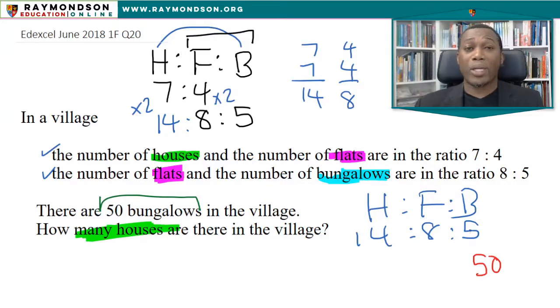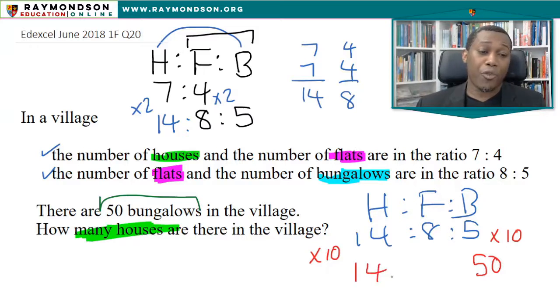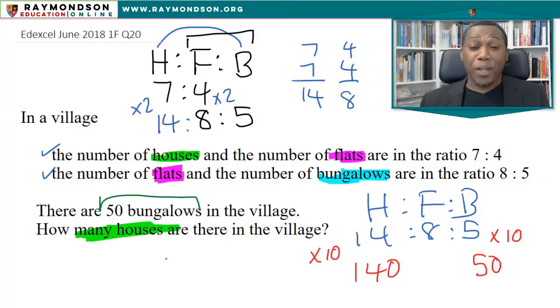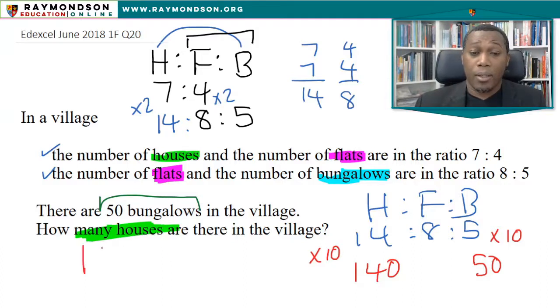You ask yourself, what would I multiply 5 by to get 50? I would multiply by 10, and that means the houses you need to multiply by the same number. 14 multiplied by 10 is 140. So if there's 50 bungalows in that village, there has to be 140 houses.